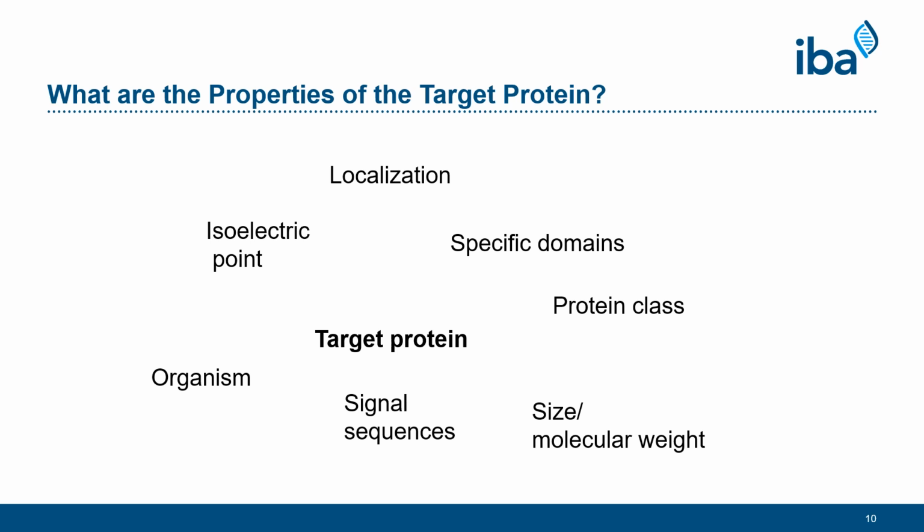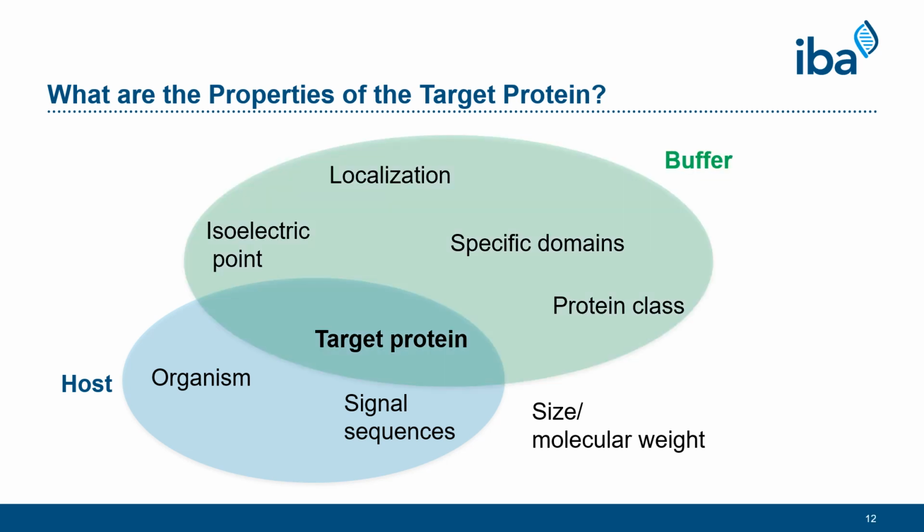So if you collect all this information about your target protein, you are well prepared for further planning steps, because all this information is helpful to select the right host, a compatible buffer system, and an appropriate affinity tag, as well as a corresponding affinity chromatography resin. The knowledge about the signal sequences and organisms is necessary for the selection of the host.